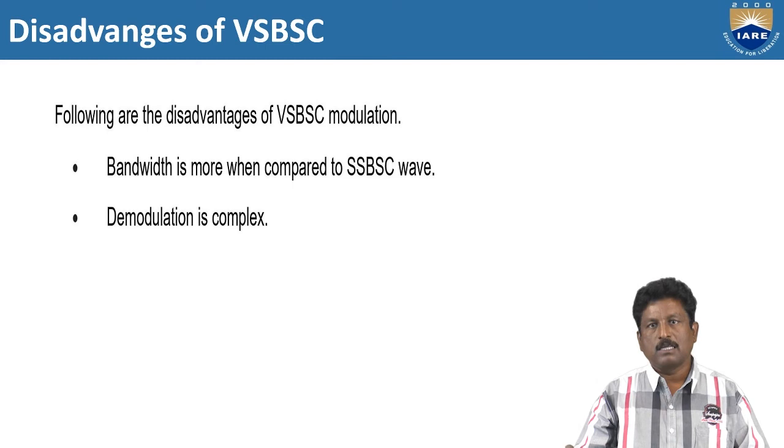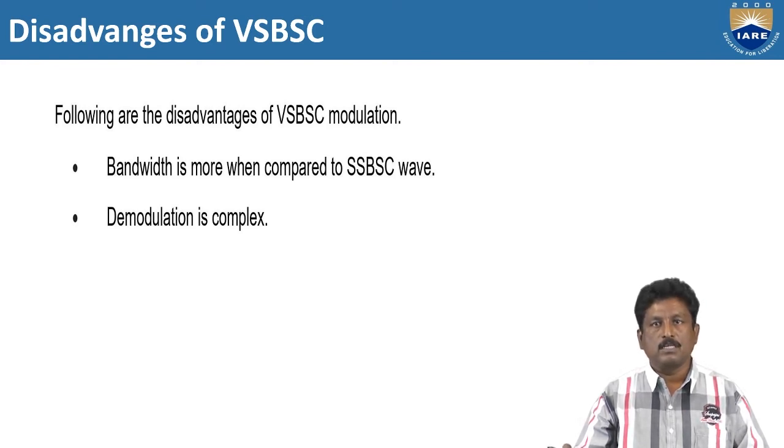So the bandwidth requirement for the VSB is more than the SSB. That is the only drawback compared to SSB, not AM and DSB. Compared with AM and DSB, it needs less bandwidth.